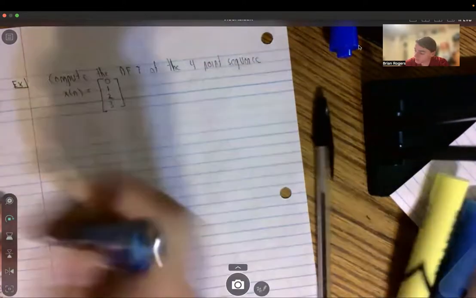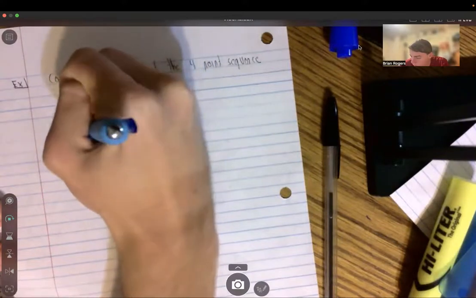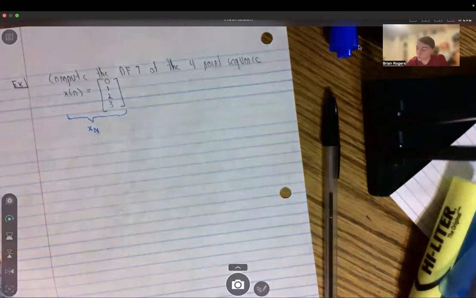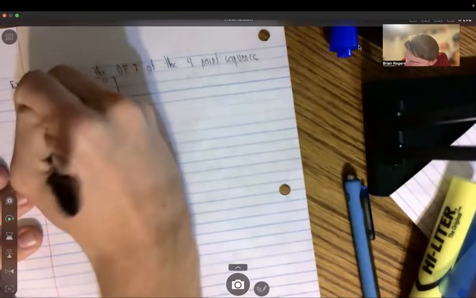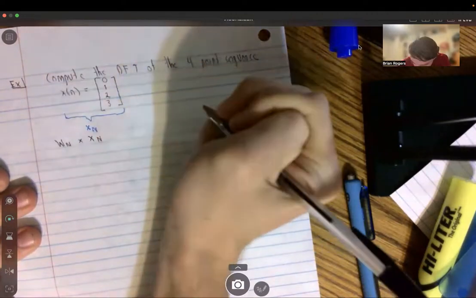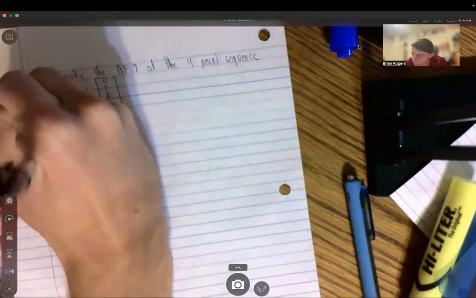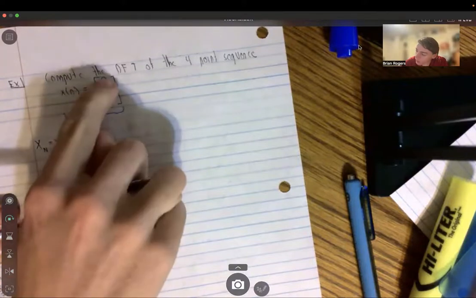So right here, this is your lowercase x of capital N. And so we know that, but we need to find our WN. But remember, our WN is multiplied by our x of n in order to produce our result of capital X of n. So this matrix right here is going to be how many?